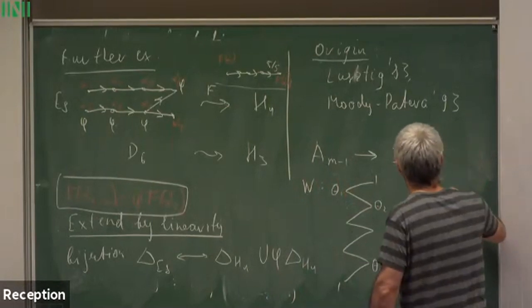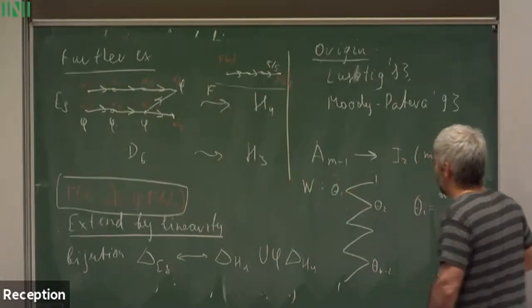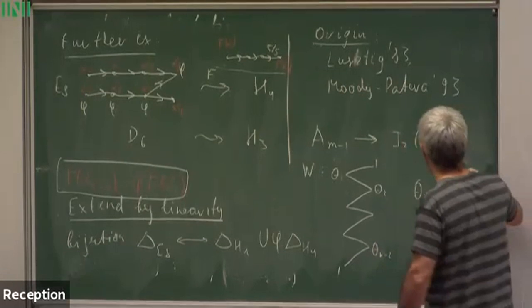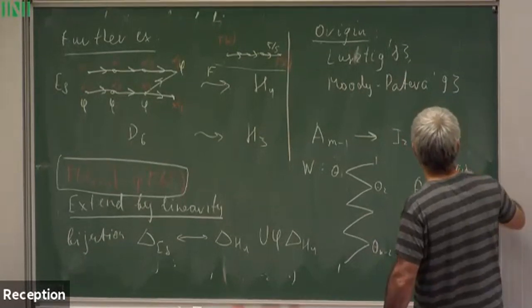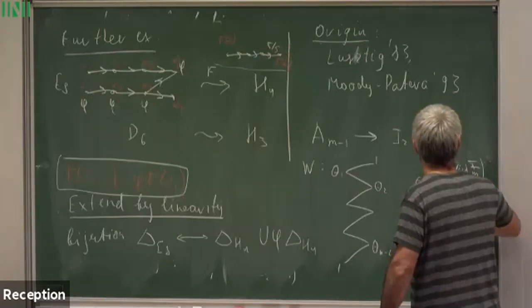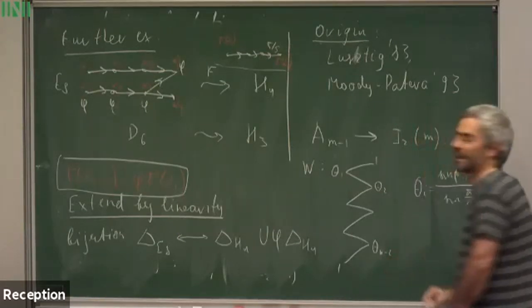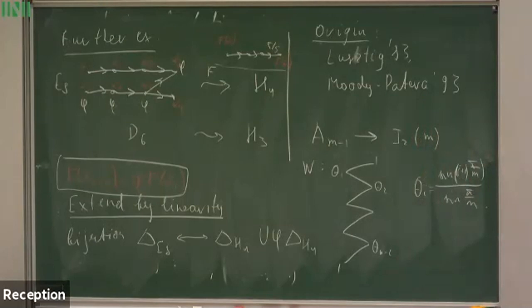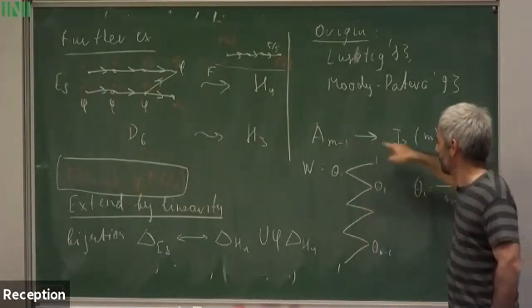So this will be sine of (i plus 1) pi over m divided by sine of pi over m. Well, that's not surprising, but somehow this works. We have a weighted unfolding.